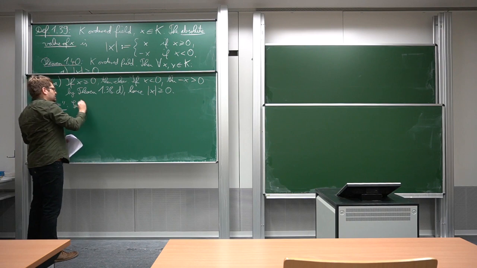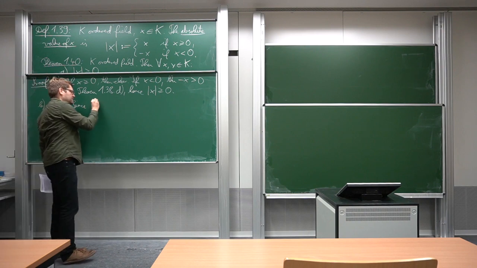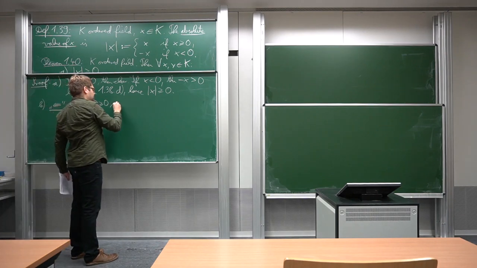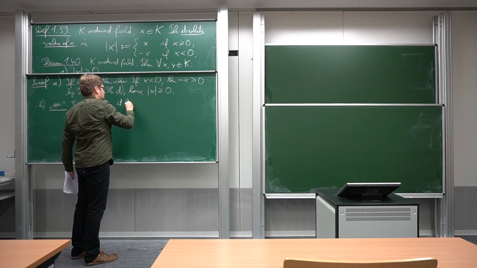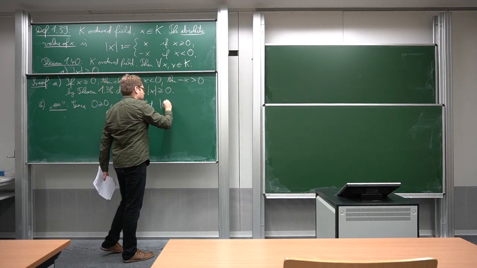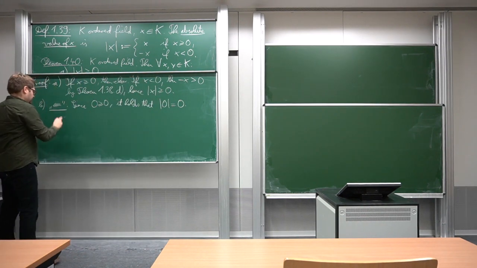We need to determine the absolute value of the number 0. And we know that 0 is bigger than or equal to 0. So this means, just by definition of the absolute value, that the absolute value of 0 is the number itself, so 0. Okay, this shows the one direction.